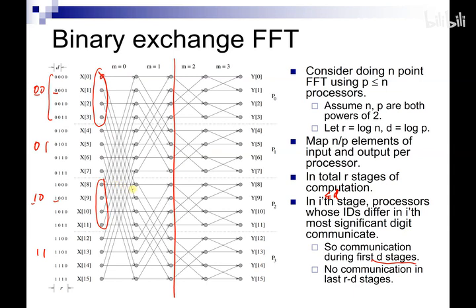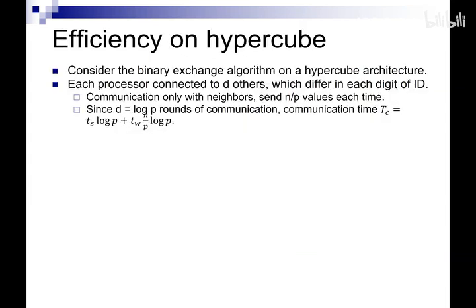Likewise, in the second stage, he's got these 4 values, and he's going to send them to processor 0, 1. So each stage you communicate with a neighbor and send all of your n divided by p values, and we do this for d equals log of p stages.